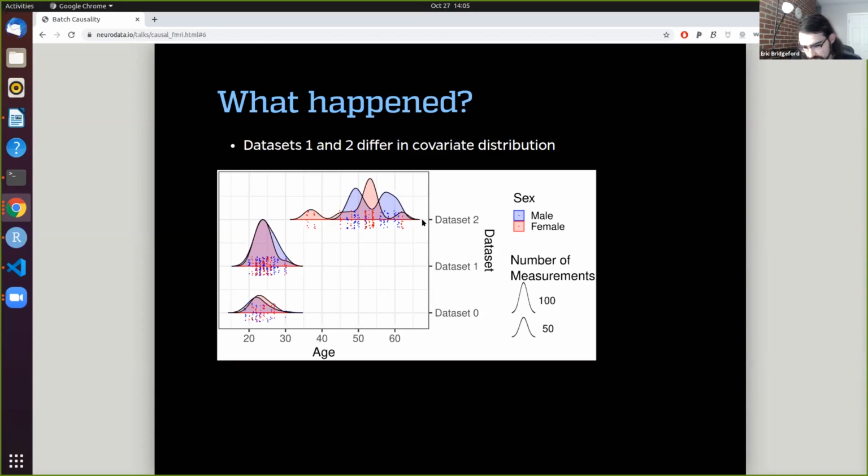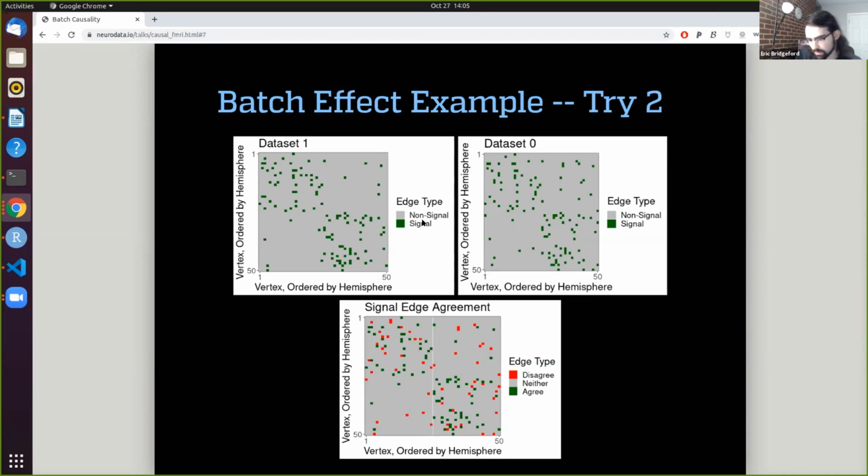And he measures FC again, but he's at a different university. This time we end up with a much more similar agreement, but we're still getting disagreement in about 20% of the edges. So now the actual statement that you start to be able to make is that you have a piece of evidence that the batch, the factors that relate to the site, the MR machine, the experimenter, the protocol, et cetera, is leading to this disparity in the detected signal.